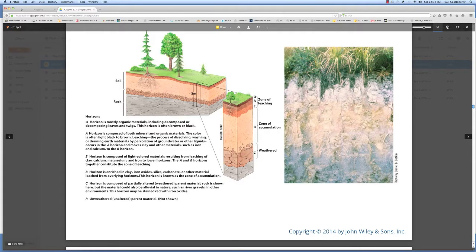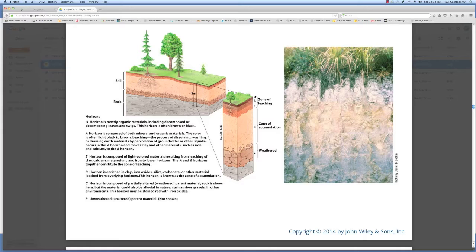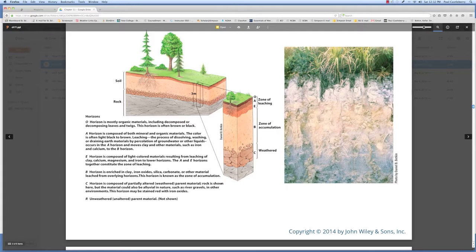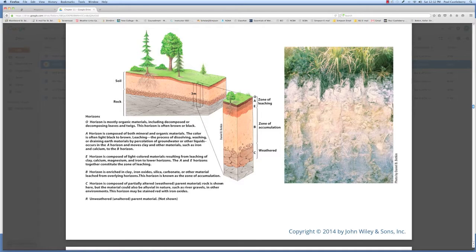This is where you begin to wash out, dissolve earth materials by percolation. In other words, water moving down through the soil and also moving upward, but typically downward, gravity taking place. And it begins to move some of these materials further down into the B horizon, into this area here. So that's where all those materials begin to accumulate.